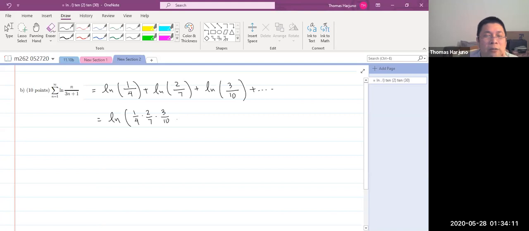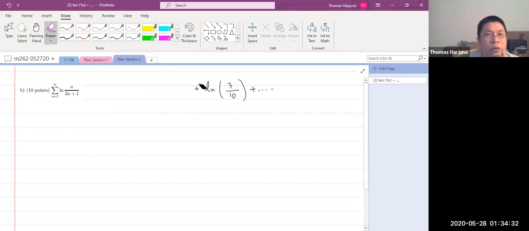I have no idea. Oh, what am I doing? Duh, this is actually divergent. I'm thinking too hard. So we have a sub n equals natural log of n over 3n plus 1, right?